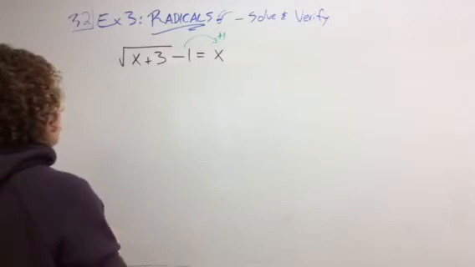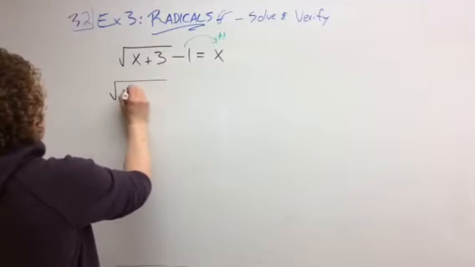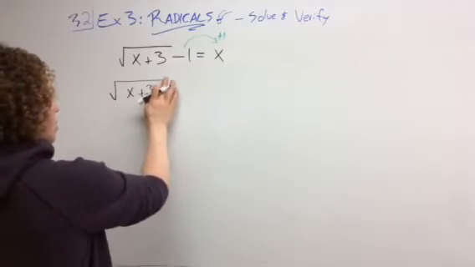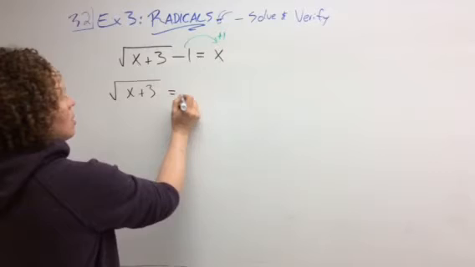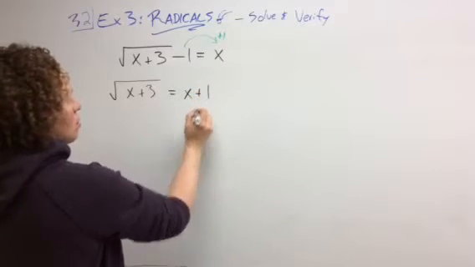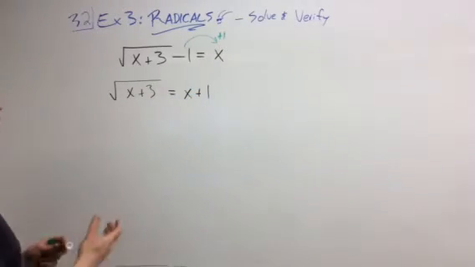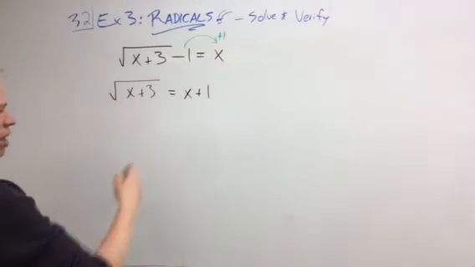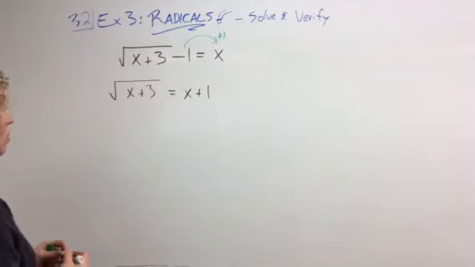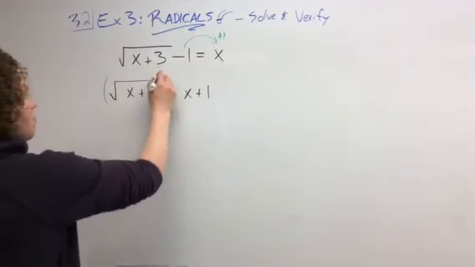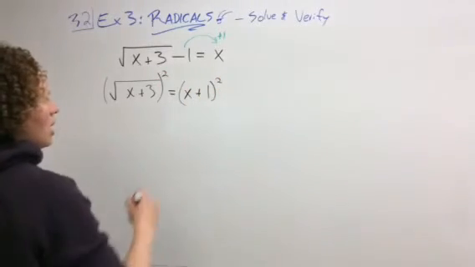So I'm going to rewrite my equation. All I've got on this side is square root of x plus 3 equals x plus 1. So now I can square this and square that, and it's pretty straightforward.